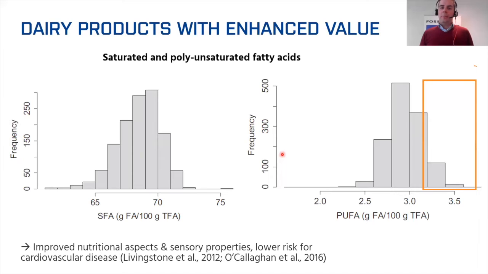If we now have milk with elevated concentrations of these polyunsaturated fatty acids, like illustrated with the orange box here, we actually have milk with enhanced nutritional value. And there are several studies available that show that such milk leads to lower risk for cardiovascular disease, for example.